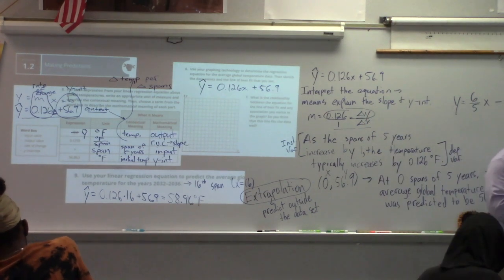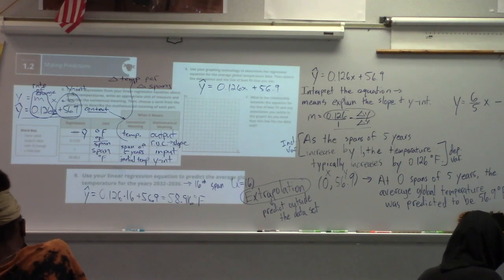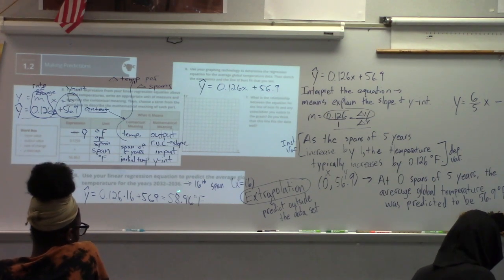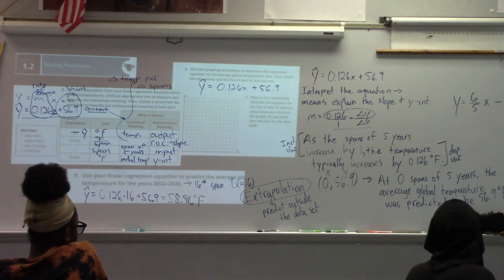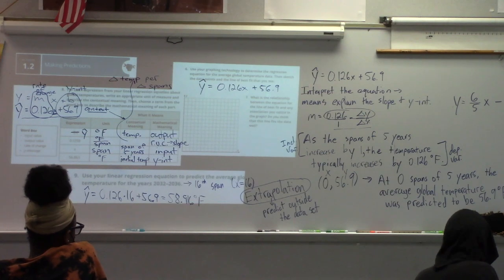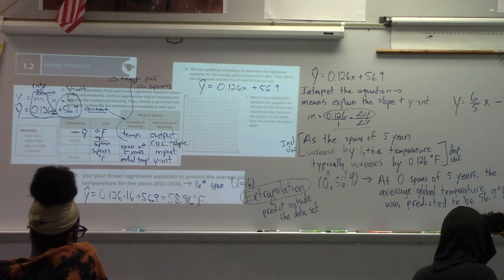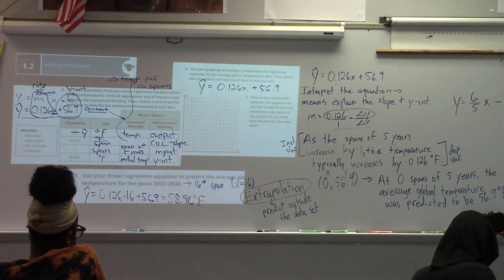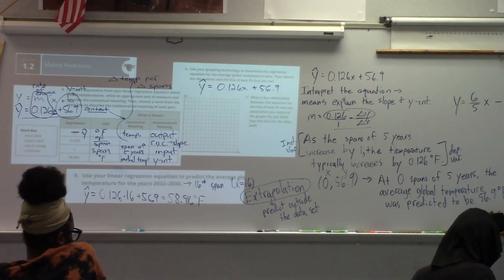So we have an input that was outside the data set, so we are making a prediction. Do we know that that's what the average global temperature will be in 2032 to 2036? No. We haven't had that yet. Correct. That's the point of a lot of this, is that we are making a prediction outside of the data set. And that's called an extrapolation. Prediction outside the data set.